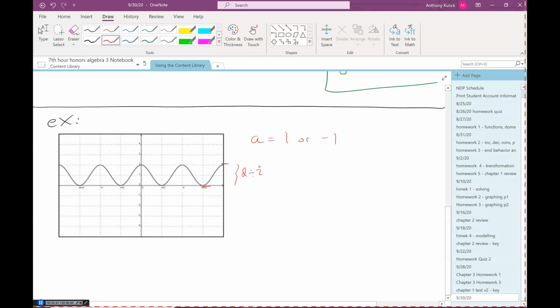So that's 2 units. If I take 2 units and divide it by 2, that's just 1. So the amplitude was 1, so our A value has to be positive 1 or negative 1. Is that okay with you guys? What's our value for K have to be?